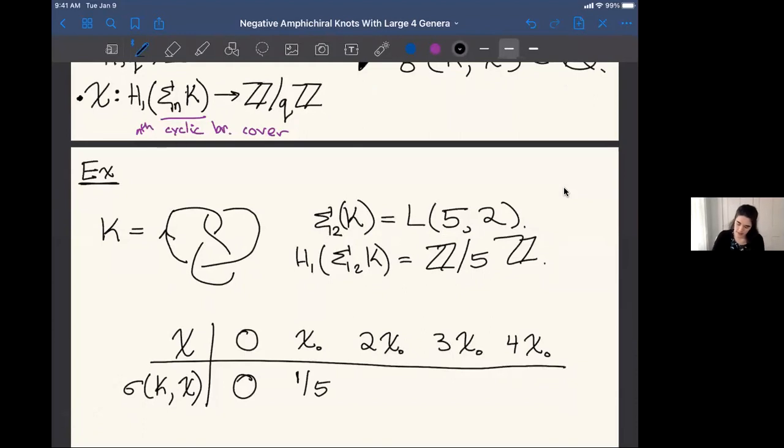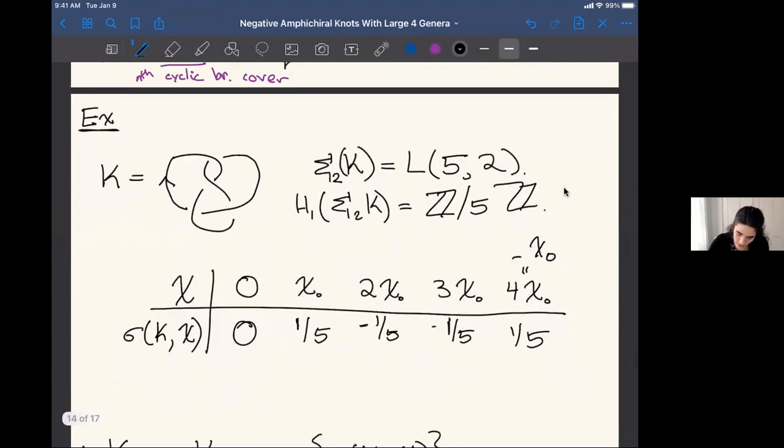Okay, and there are some symmetries of Casson-Gordon signatures. Since 4 equals -1 mod 5, this also equals 1/5. And now you can figure out the rest of the table by using the fact that K is negative amphichiral. That tells you that these are going to be -1/5 and -1/5, respectively.